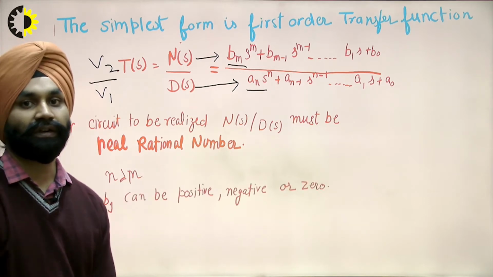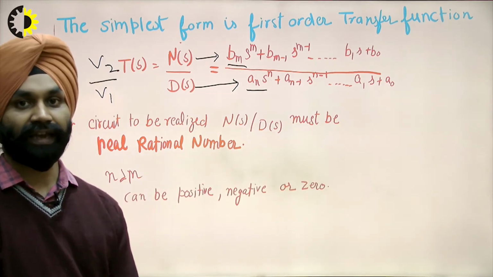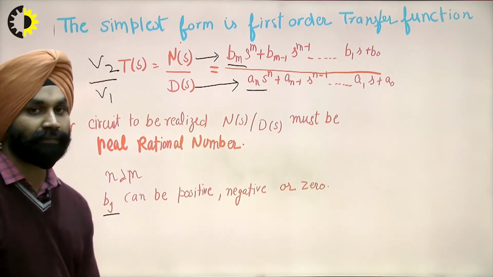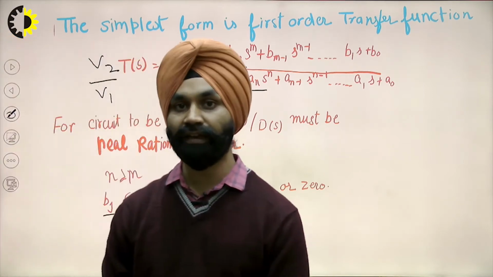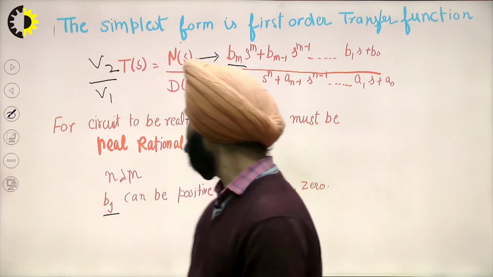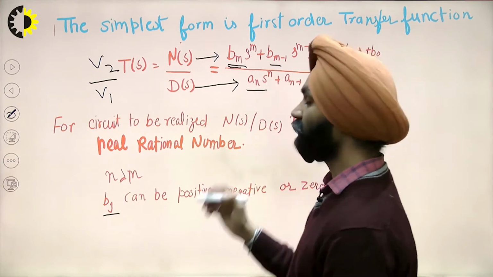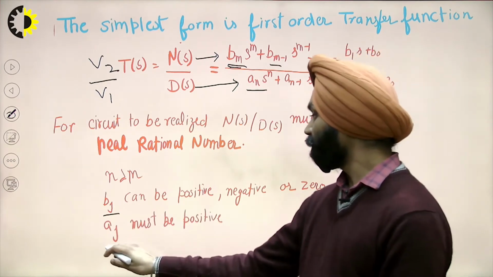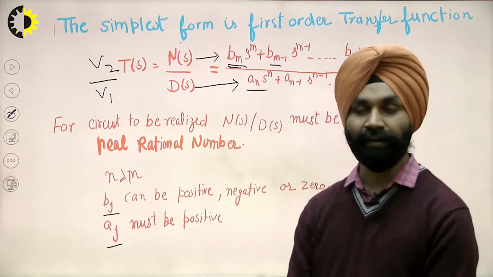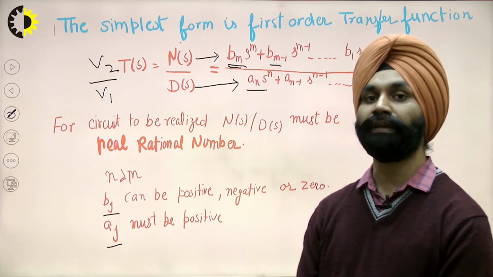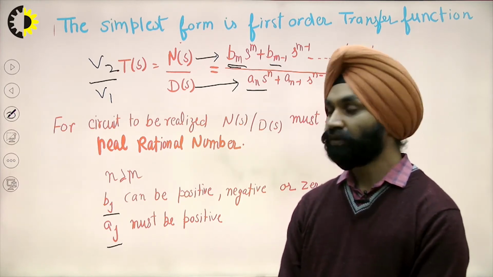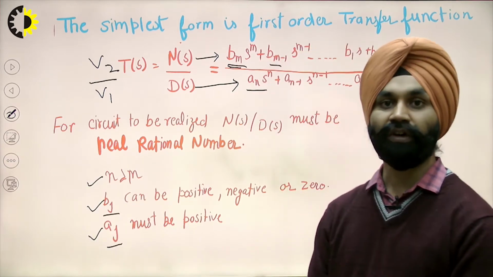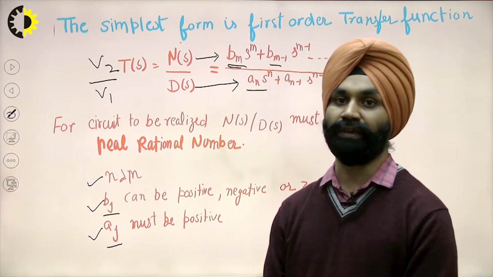Also, for actual realization, the coefficients Bj can have a positive value, a negative value, or zero. That means the coefficients of the numerator can have any value, whereas Aj, the coefficients of the denominator, must be positive only. They cannot be negative, and they cannot be zero. So, these three conditions must be satisfied for a circuit to be realizable with real components.